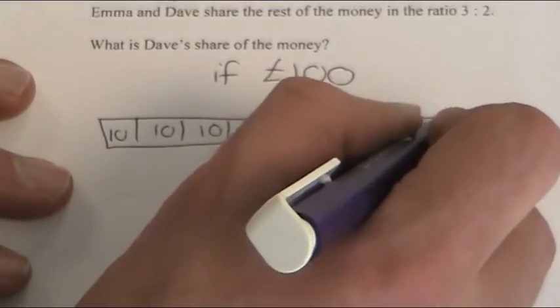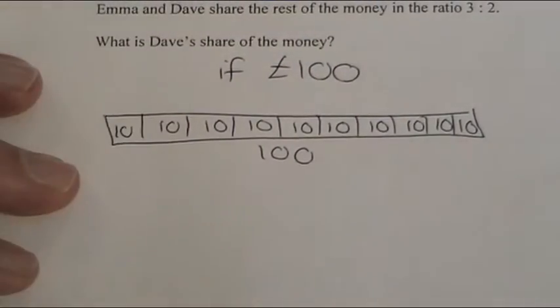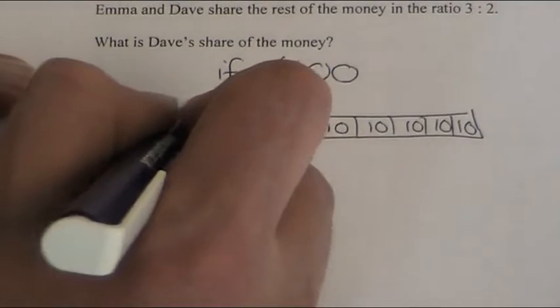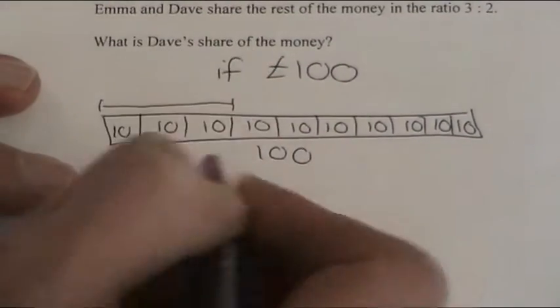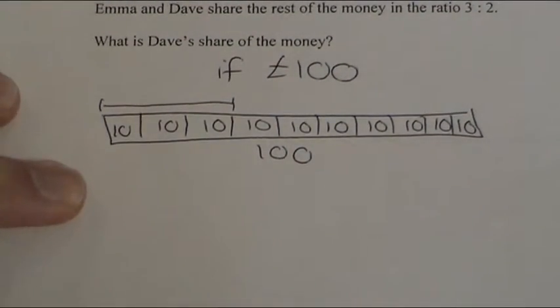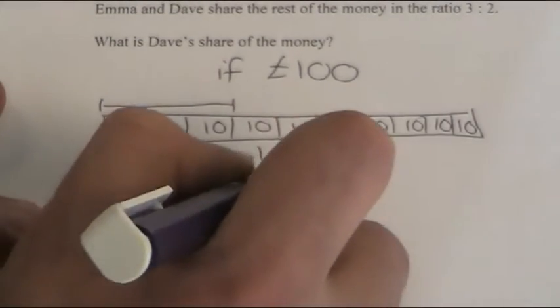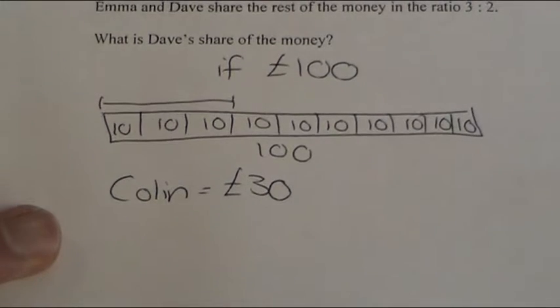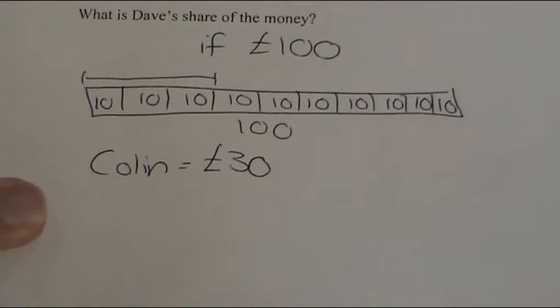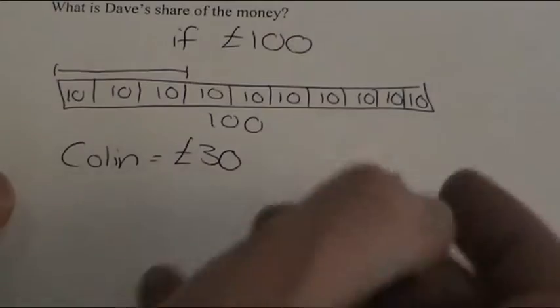And the fact that Colin gets 3/10 means he gets from here to here, which is in fact £30. So Colin gets £30. Okay? So what that means is if we started with 100, there is £70 left.